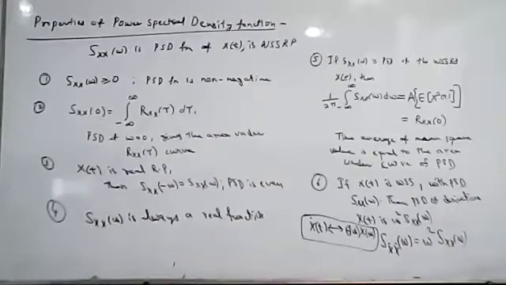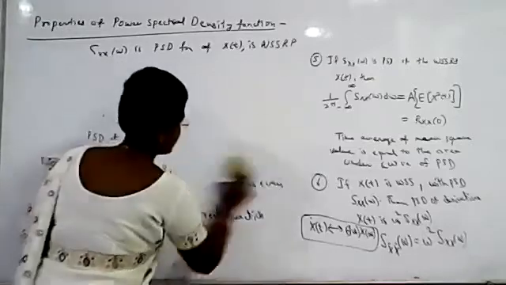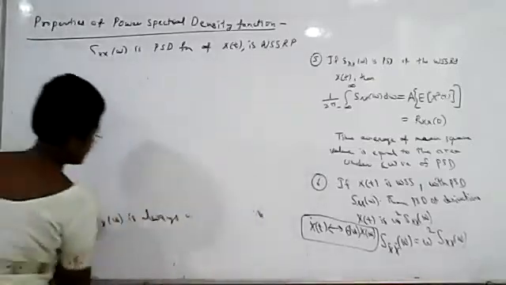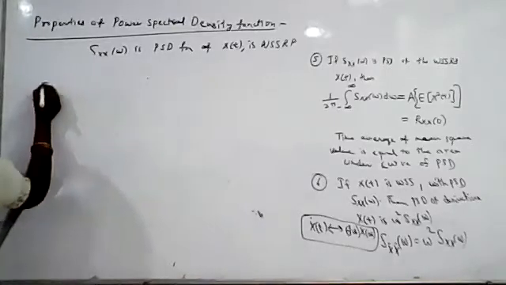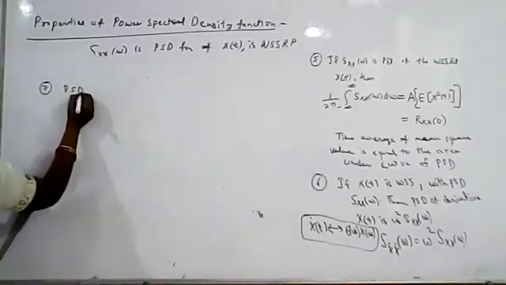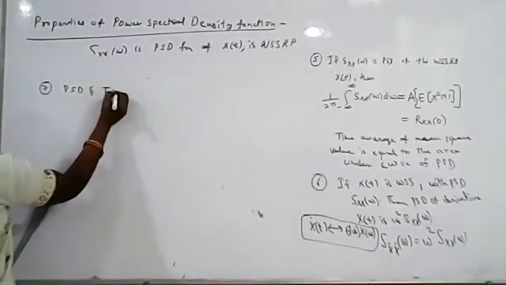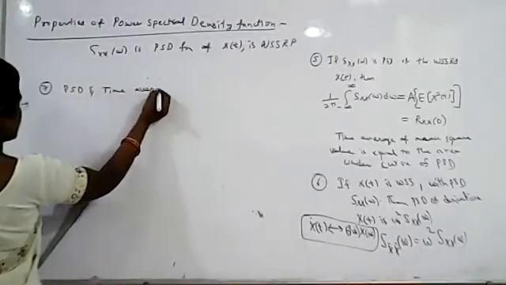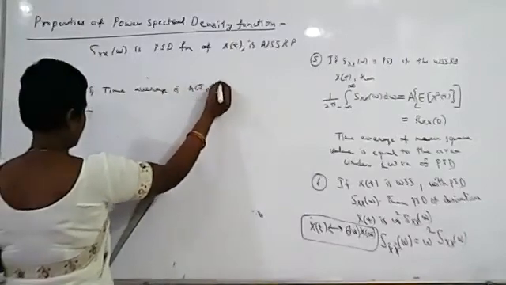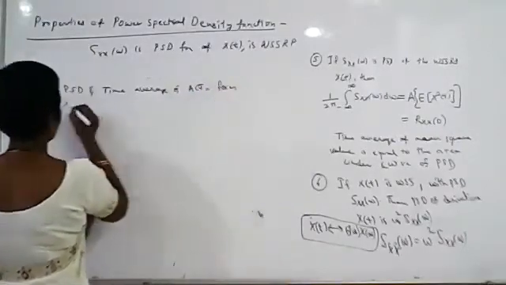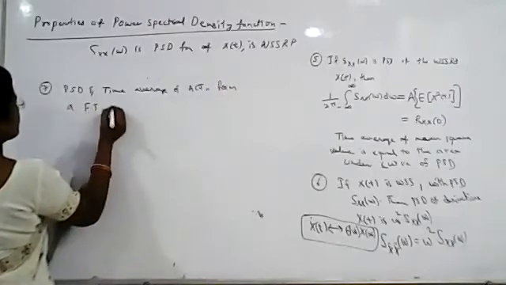And the seventh property is that the power spectral density function and the time average of the autocorrelation function form a Fourier transform pair.